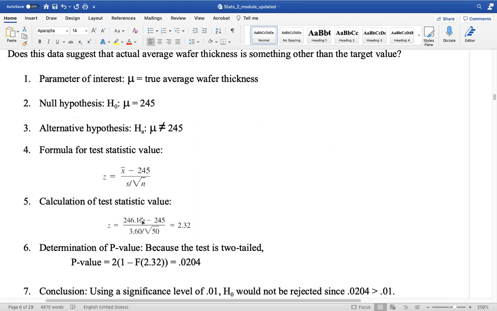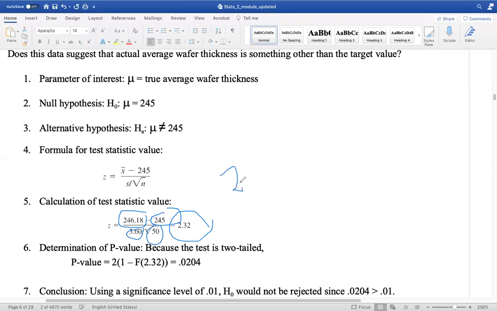This is the sample mean. This is the population mean. In this problem statement they gave the population mean, the standard deviation and the n value, so this is the final z value.